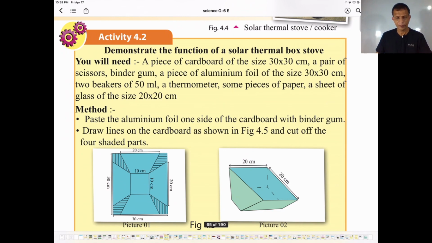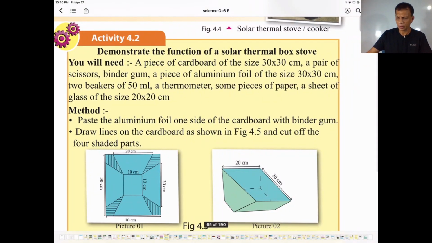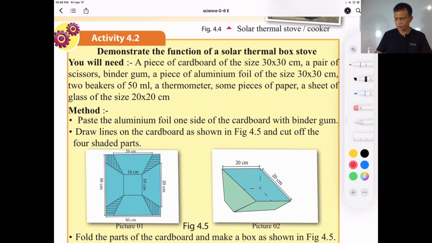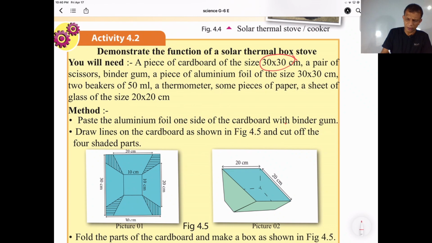You will need a piece of cardboard, the size 30 by 30 centimeter, a pair of scissors, binder gum, a piece of shiny aluminium foil, also 30 by 30 centimeter, 2 beakers of 50 milliliter, a thermometer, some pieces of paper, a sheet of glass of the size 20 by 20 centimeter.